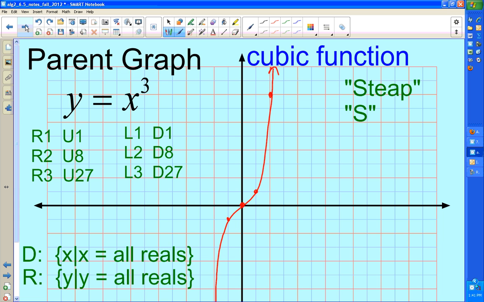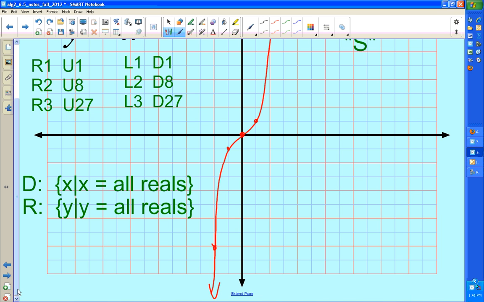Again, this is something you're going to want to know. Domain and range here. Your domain, all values of x, such that we go from negative infinity to infinity. In your range, same thing, negative infinity to infinity.